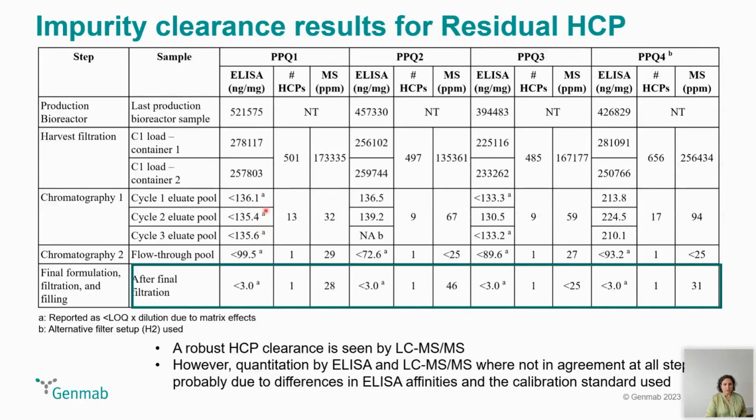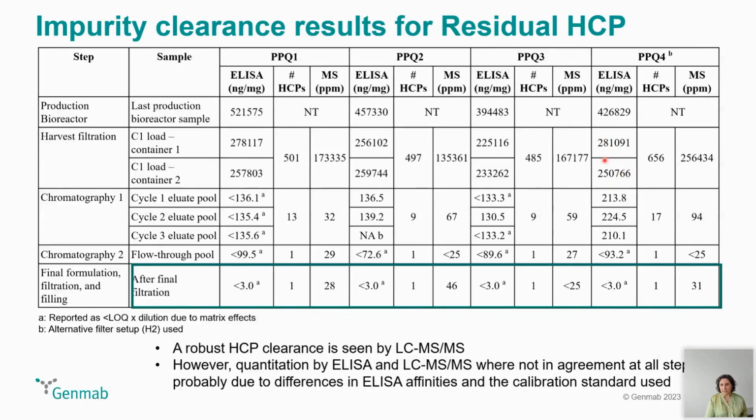Another thing we can compare is that at the beginning we have around 2,700 ppm, and we have more or less consistent levels, even if a little bit lower, of HCPs measured by LC-MS.